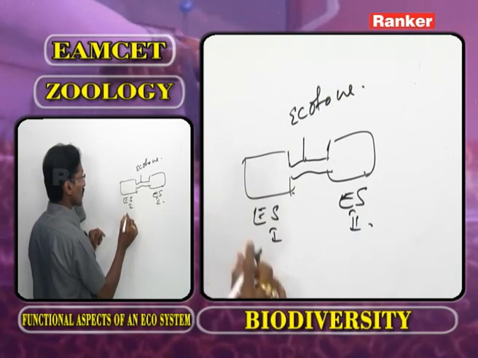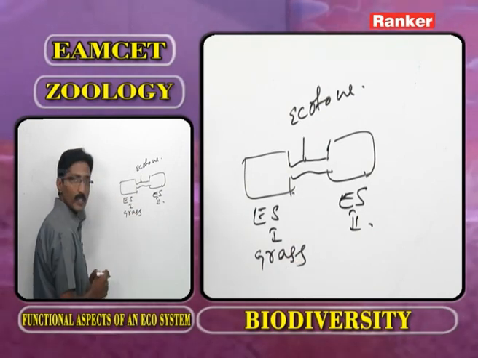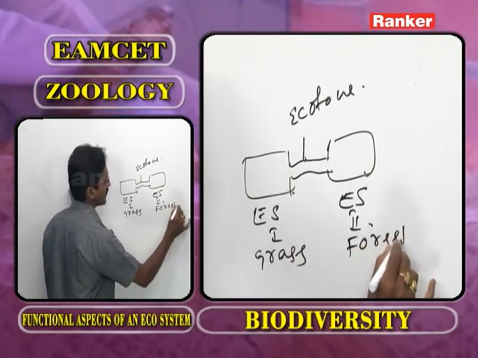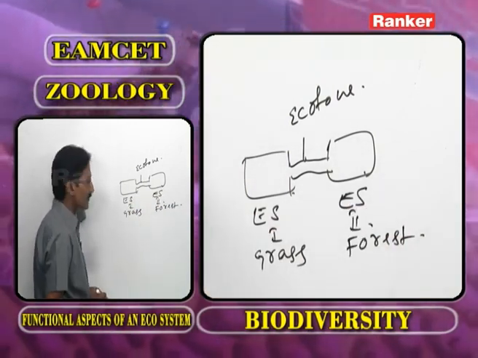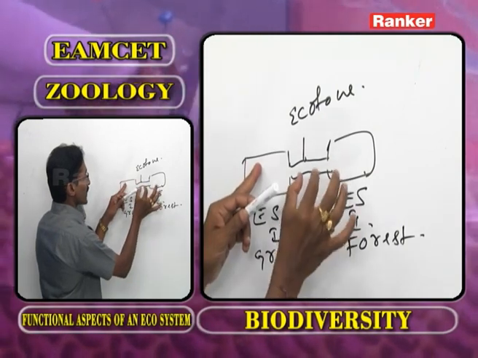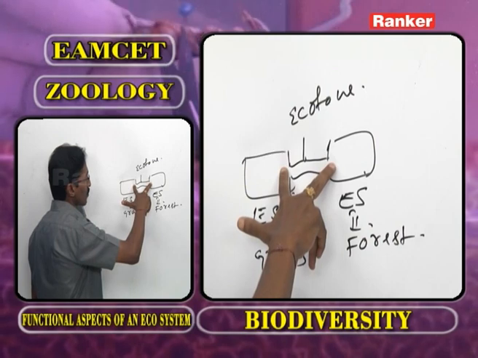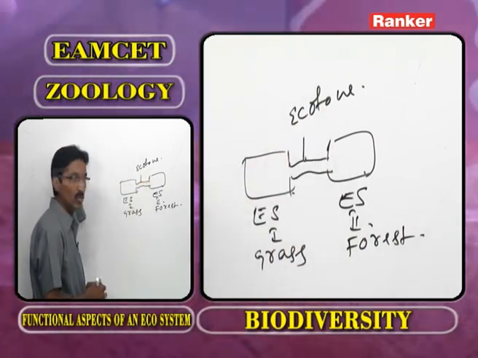Now in this ecosystem, one example is the grass. Here one example for another ecosystem is forest. This is one ecosystem, this is another ecosystem. Between two ecosystems, a transitional zone is present, that is called ecotone.